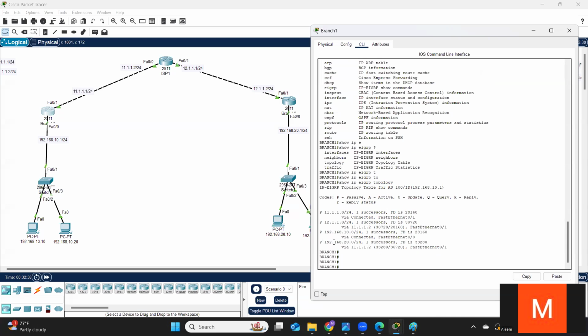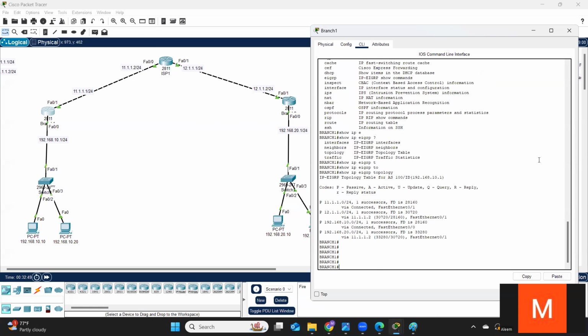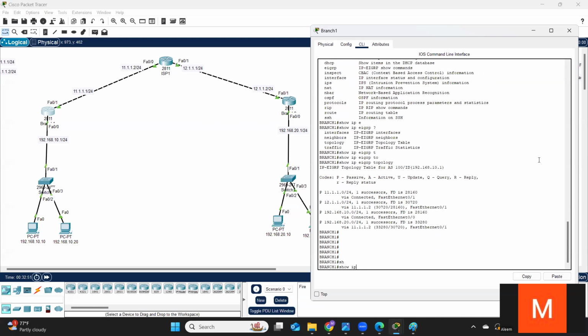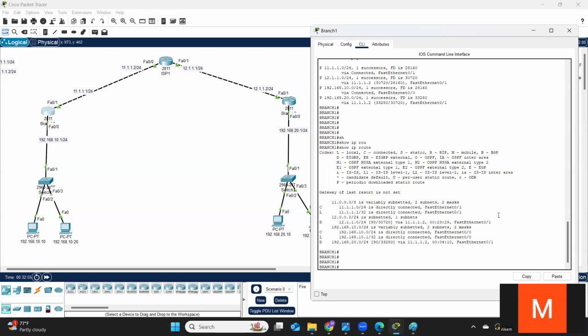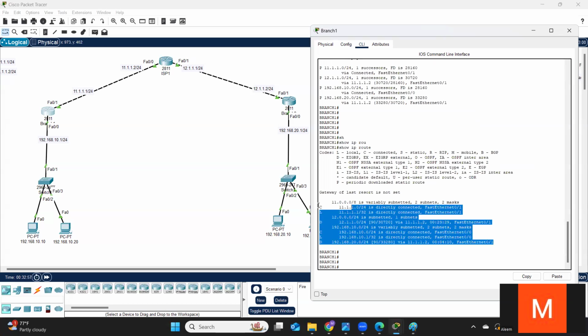Here we have the 192 prefixes; all the prefixes will be available in this topology table. If you have multiple paths, they will be available here. But in the global routing table, only the best path will be available.